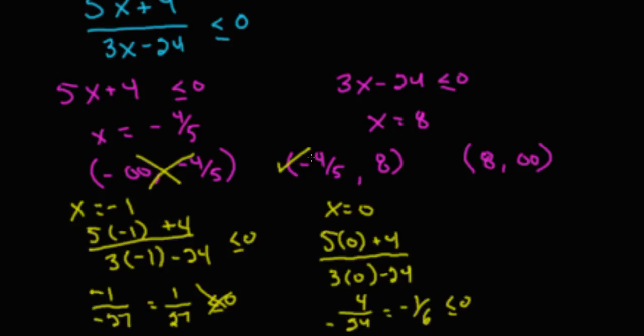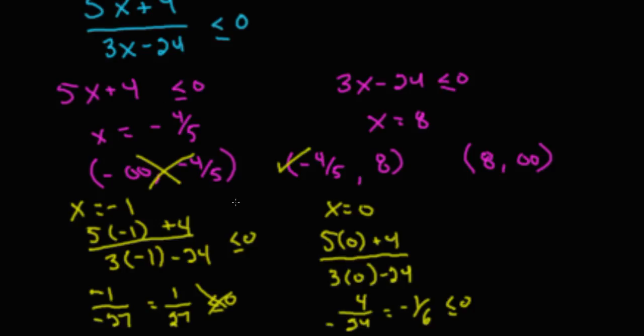Now also we'll have to look at whether negative 4/5 actually falls into that range. When we put negative 4/5 in there, then we'll get 0 in the numerator, and then this will be a negative number.